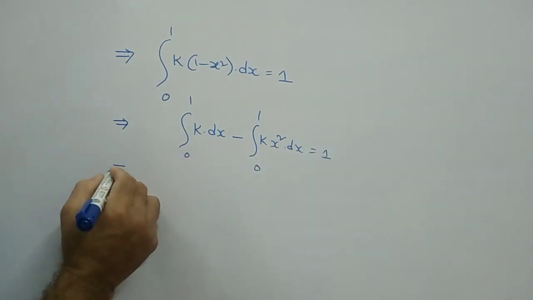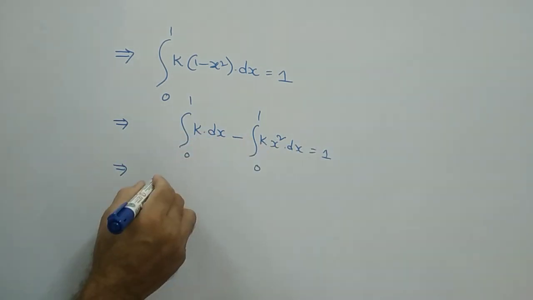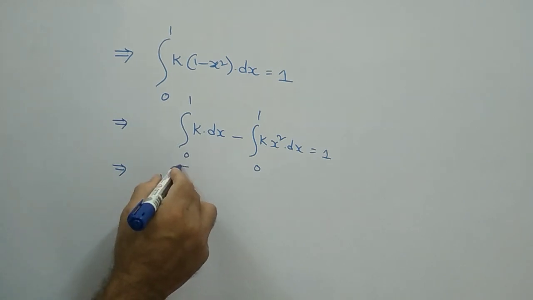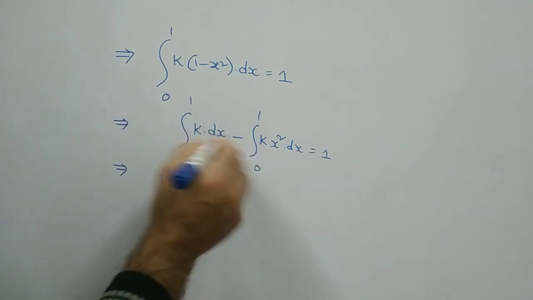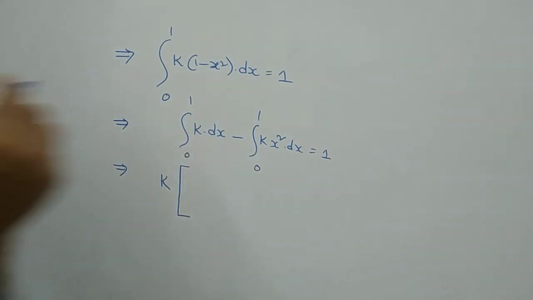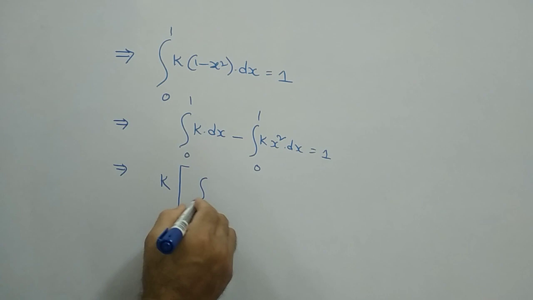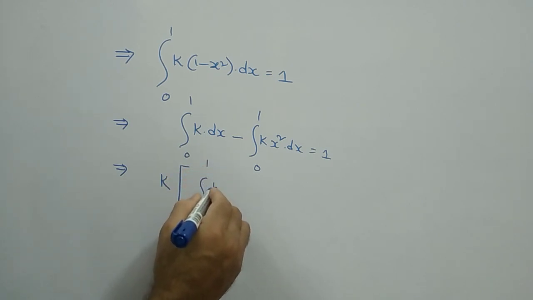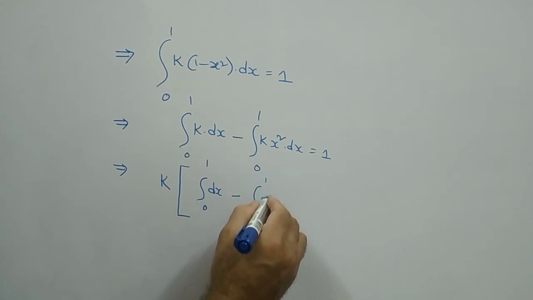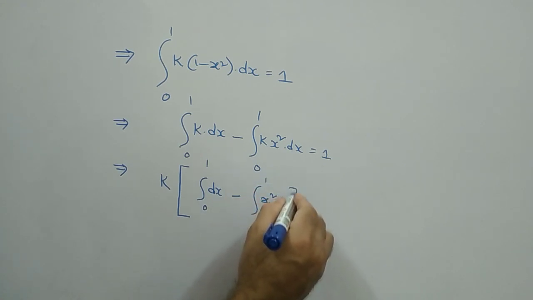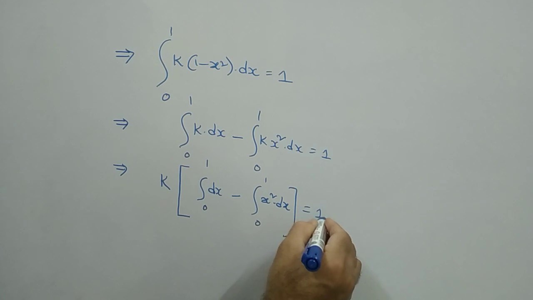In both terms k is there, so you can take k as common. Then we have k times the integral 0 to 1 of dx minus the integral 0 to 1 of x square dx, equal to 1.